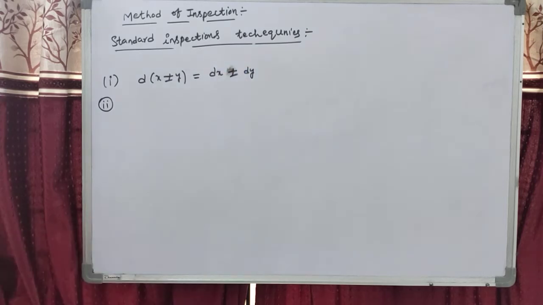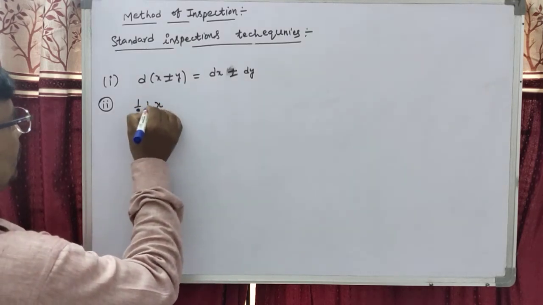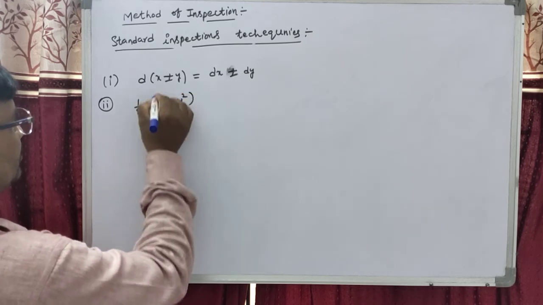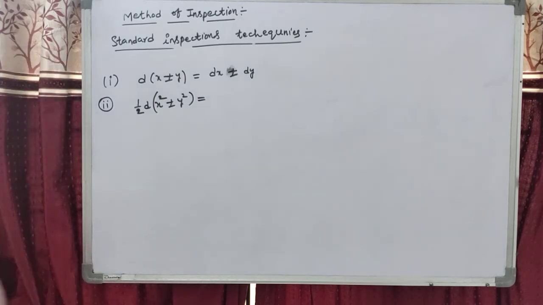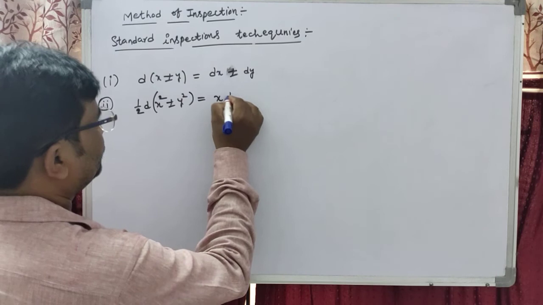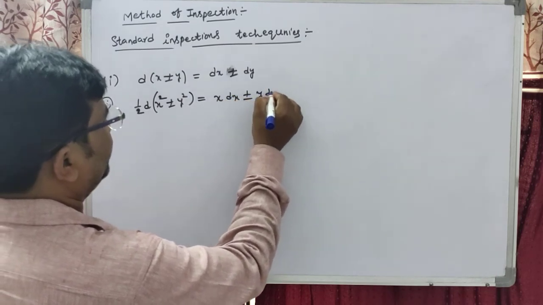After that, another technique, students: 1 by 2 into the derivative of x square plus or minus y square. What is it here? Undoubtedly, it is x dx plus or minus y dy.